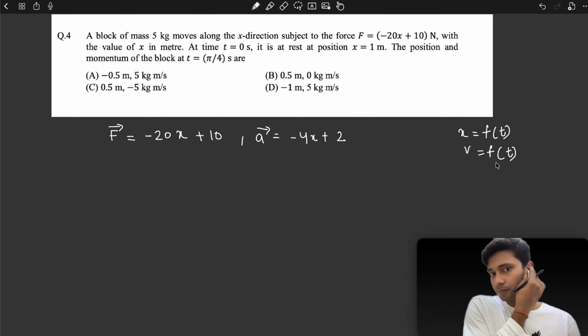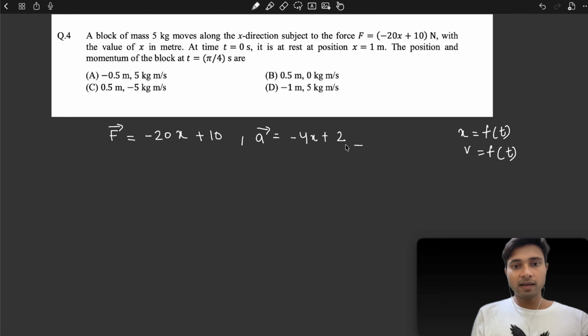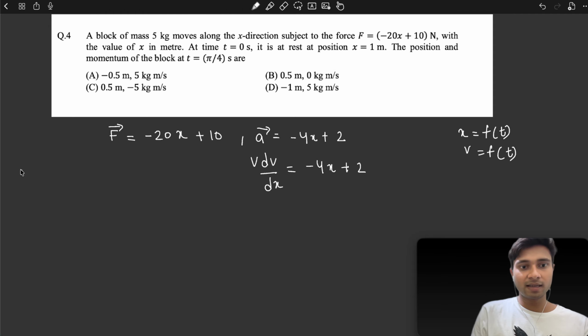If I write acceleration as v dv by dx, I hope everyone knows we can write acceleration as v dv by dx. For the students who have just entered class 11, acceleration is nothing but dv by dt.